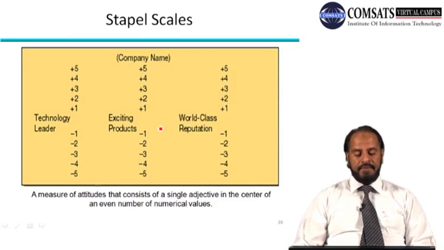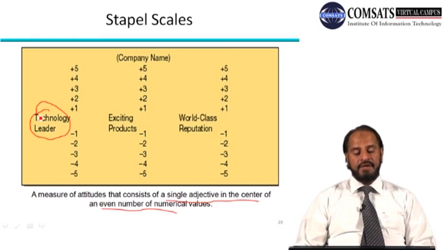The stapel scale basically consists of a single adjective in the center and even numbers everywhere. So in case you don't have two extreme values, but a singular statement or singular adjective, such as technology leader. You want to find out if your company is a technology leader.